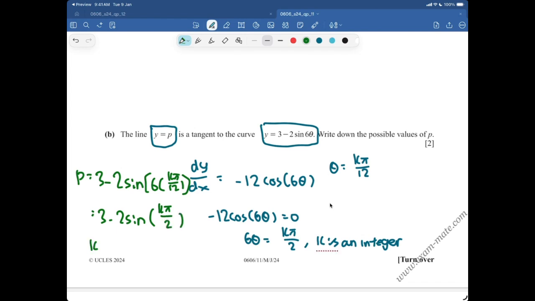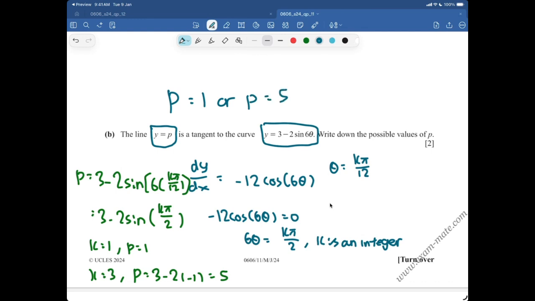So if k is equal to 1, then we have 3 minus 2, so we can have p equals 1. But if k equals 3, we have p equals 3 minus 2 times negative 1, which equals 5. So therefore, p equals 1 or p equals 5.